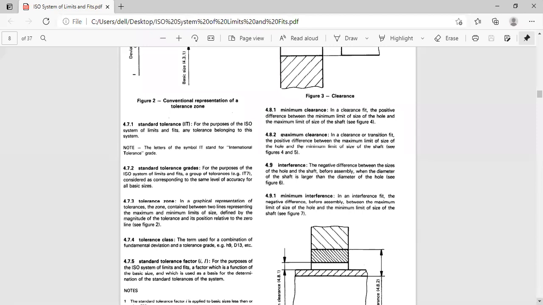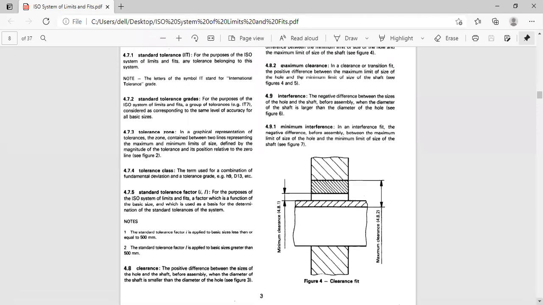So I have to know all these terms very clearly. What is clearance? What is maximum clearance? What is minimum clearance? Suppose he wants you to define clearance: it is the positive difference between the sizes of the shaft and the hole before assembly, when the diameter of the shaft is smaller than the diameter of the hole.